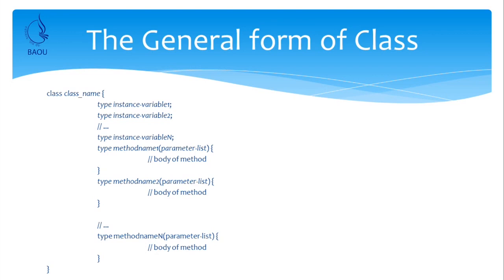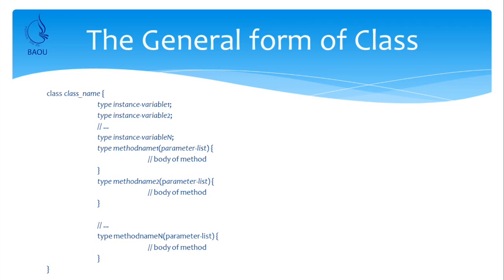Now, we will discuss structure of method shortly, but every method has a name, return type and optional parameter list, and all methods have a body which is represented between curly braces, and in one class we can have n number of methods.